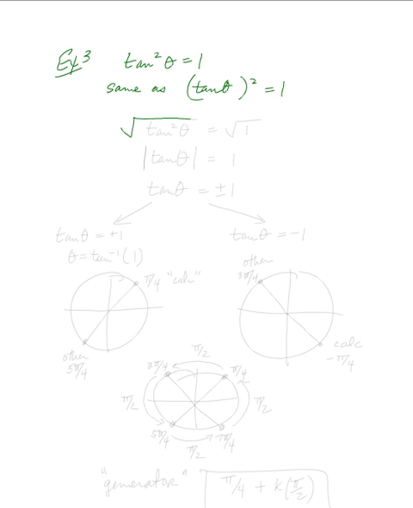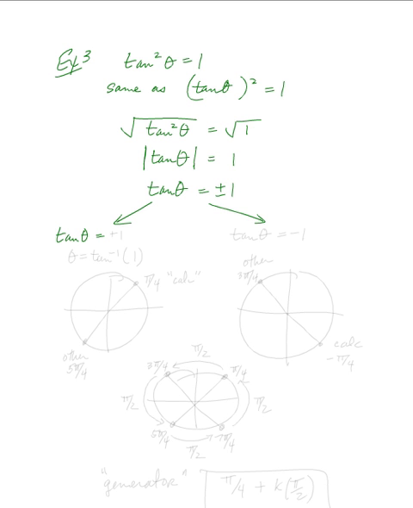I'll go back to the first form, tangent squared theta, take the square root of both sides. And that'll give me the absolute value of tangent theta equal to, well, square root of 1 is 1. And then tangent theta is equal to plus or minus 1. So essentially that's going to give me two equations I have to solve.